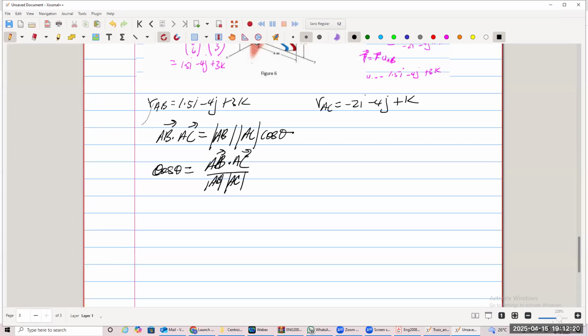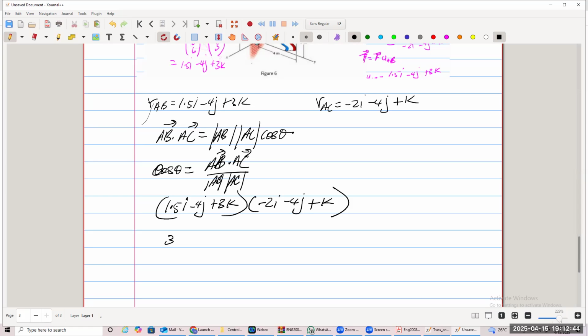It is going to be 1.5i minus 4j plus 3k times minus 2i minus 4j plus k.